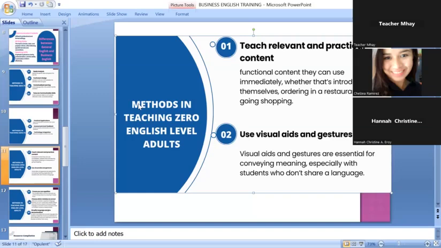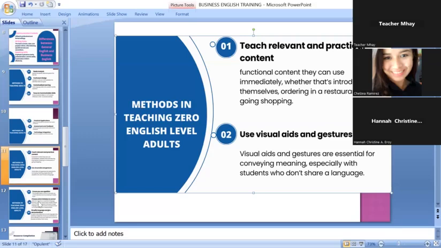We can show a picture with a name tag, or we can say it while pointing to ourselves: hello, I am Teacher, how about you? Can you please introduce yourself? That will be easy for them if they can see something to follow. That's why we need to use visual aids and gestures in teaching zero English level adults.